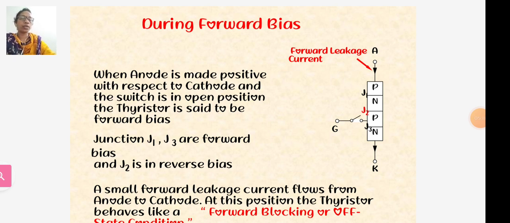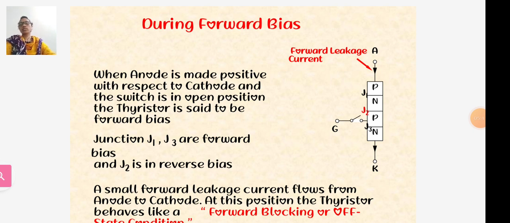The voltage drop across the four layers due to ohmic drop is very small, and it is usually equal to 1 to 1.5 volts. At this position, the thyristor is said to be in the on state or conducting state.